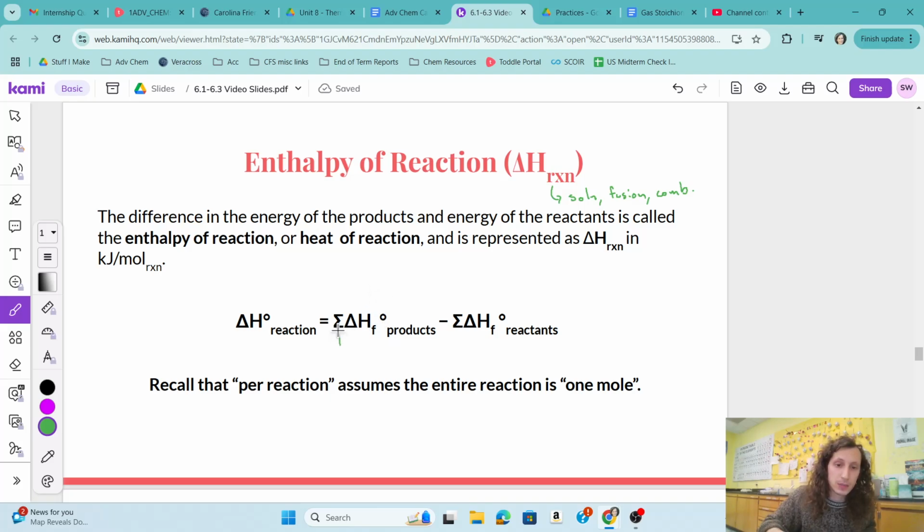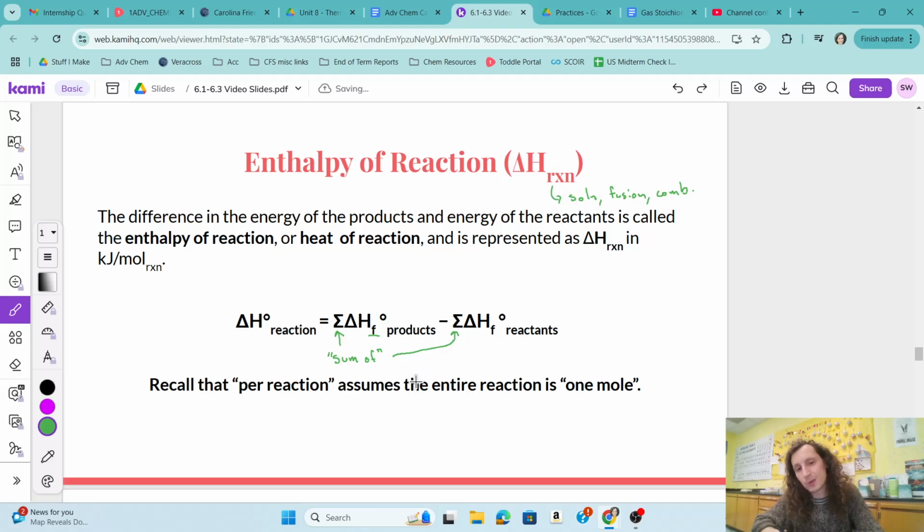Now, you see this sigma here. If you're not familiar with that notation, that means the sum of. And we see it again here for the reactants. So that's all sigma means. And then we see this delta H subscript F, delta H subscript F with a circle. We are going to talk about the F and the circle a little bit later.